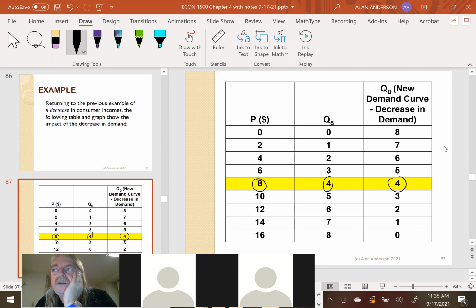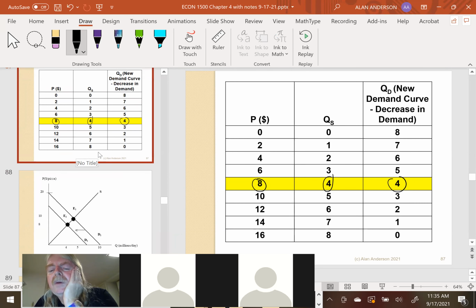So the pizzerias are saying, well, people don't want as much pizza as they used to, so we're going to make less of it. And we'll switch some of our resources to other things, like I said, chicken parm sandwiches and meatball subs and stuff like that. And so we're going to sell fewer pizzas and we'll charge a lower price because people don't want it as much as they used to.